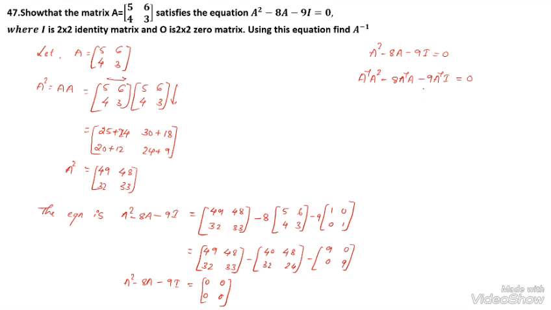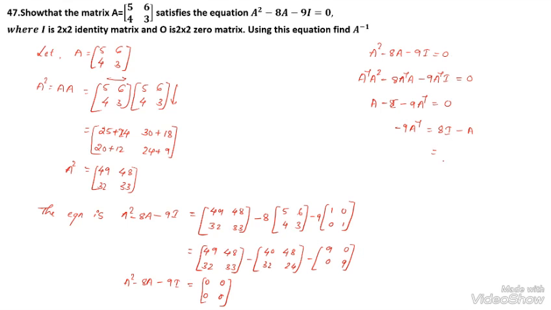A inverse into A squared becomes A, A inverse into A is the identity. So A minus 8 into identity minus 9 into A inverse is equal to 0. We want A inverse, so taking, 9 A inverse is equal to A minus 8 into identity, which gives minus A inverse times 9 equals 8I minus A.